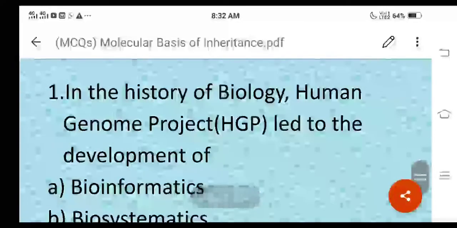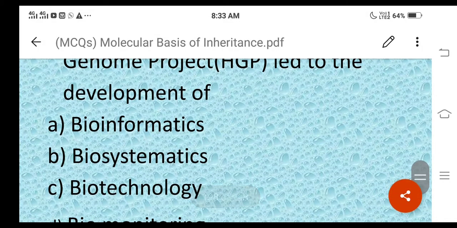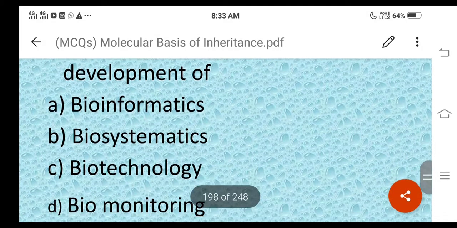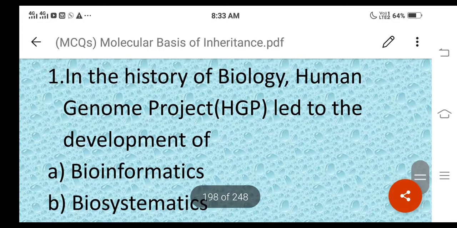Question number 1: in the history of biology, the Human Genome Project led to the development of bioinformatics, biosystematics, biotechnology, or biomonitoring. Four different options are there, and here we can easily identify the answer.